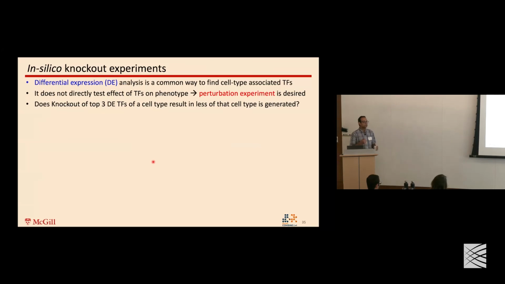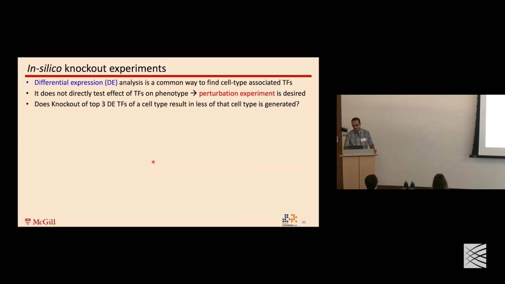And then we knocked them out in our GRouNdGAN model. And then we looked to see how the cells are now being generated and compared that before and after knockout. And one thing to remember, and one of the reasons we are quite interested in GRouNdGAN, is because it allows us to have matched wild type and knockout experiments for the same set of cells.